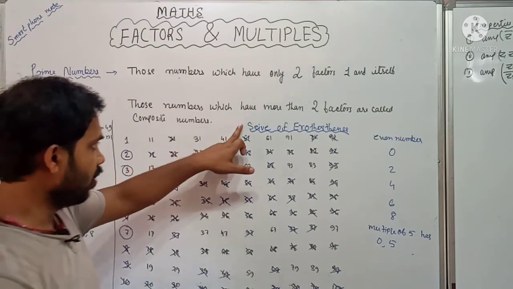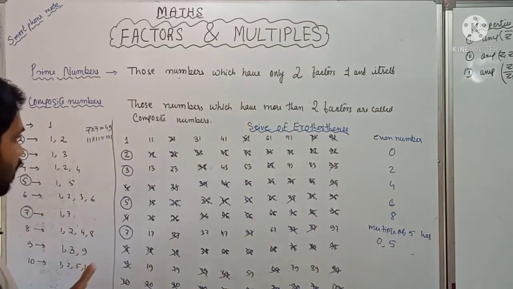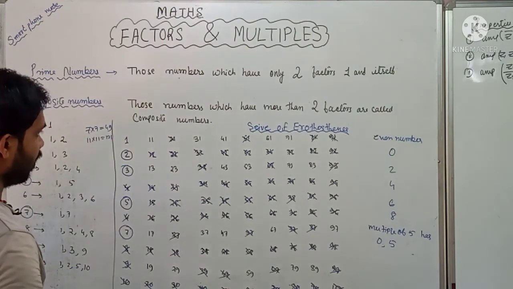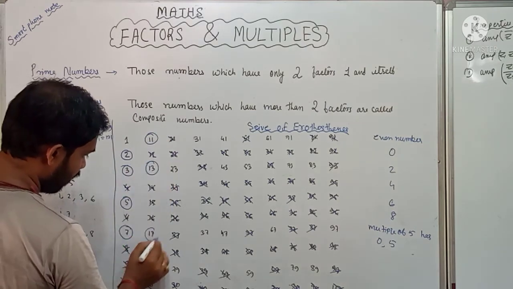Okay, so we have already seen, these are called composite numbers. Now these are all composite numbers we have taken out. So we'll round out all those prime numbers.